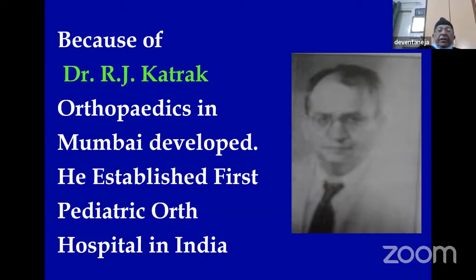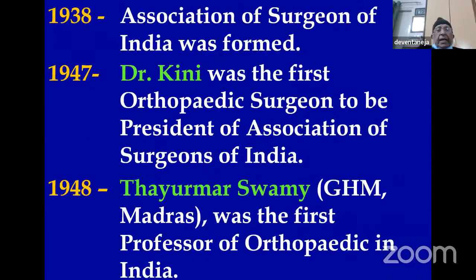He is credited for establishing the first pediatric orthopedic hospital in India, the Wadia Hospital. We all know that. The credit goes to Dr. R.J. Katrak. In 1938, the Association of Surgeons of India was formed.